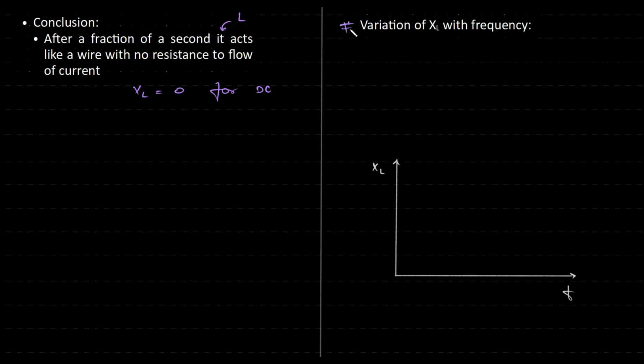Now, one more thing we need to know is how XL varies with frequency. Clearly from this, XL is proportional to frequency. It's linearly proportional, so when frequency is 0, XL is 0. That's your XL being related to frequency.